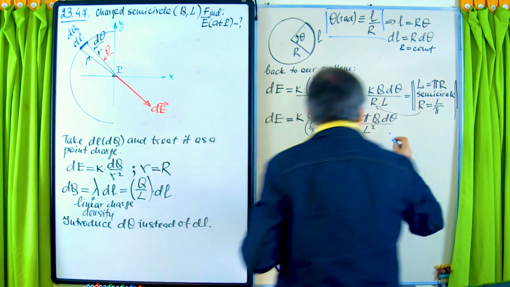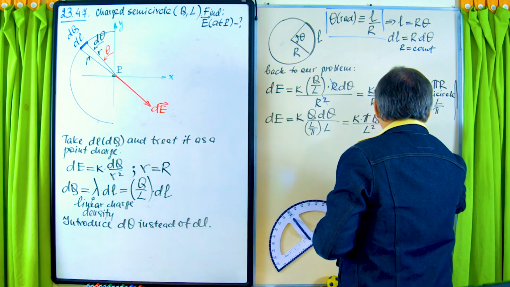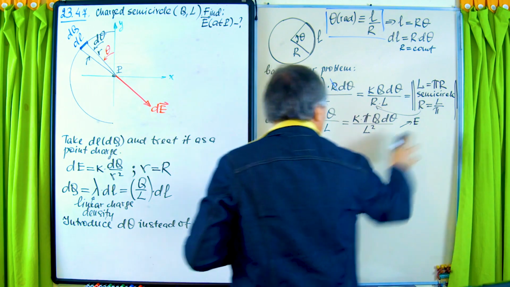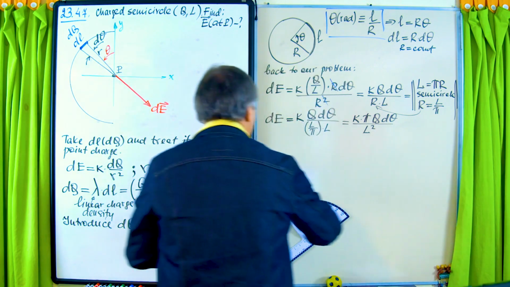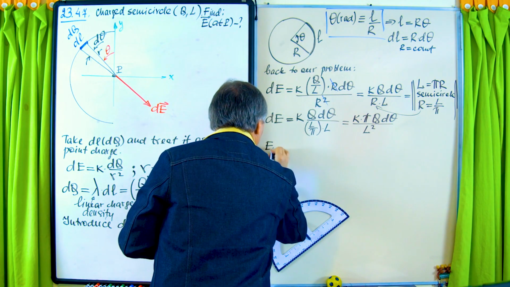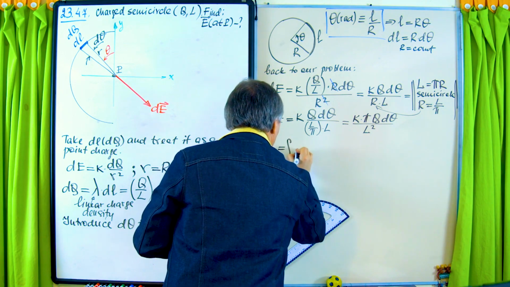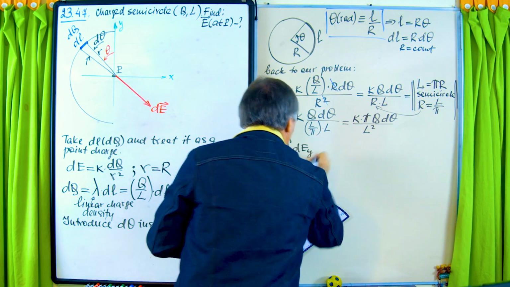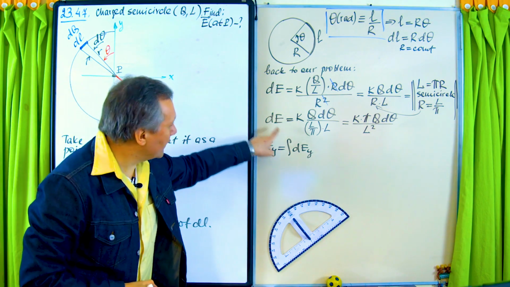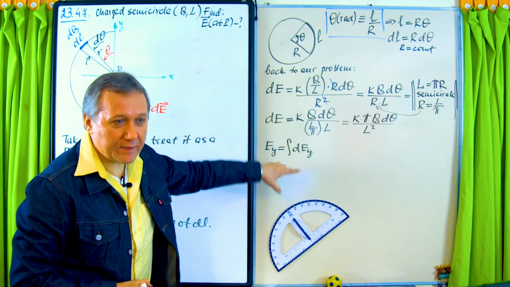Probably I don't have enough space over there. So the electric field will be the integral of dEy. We'll have to find the y component of the electric field and then integrate.